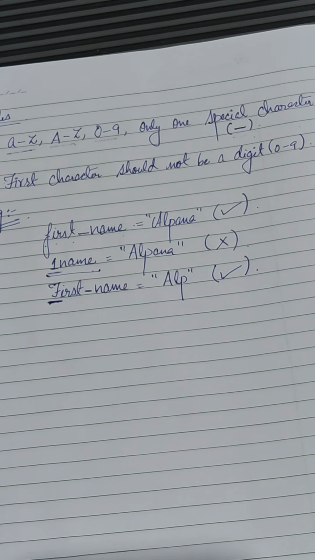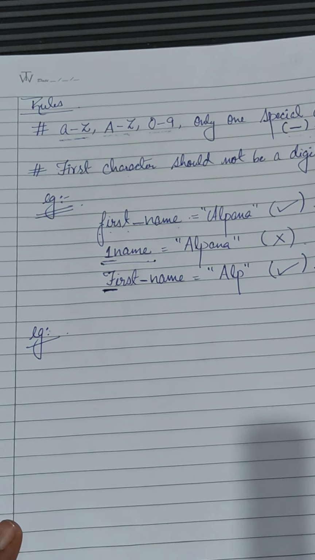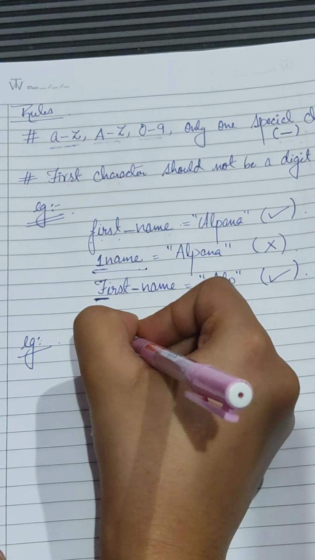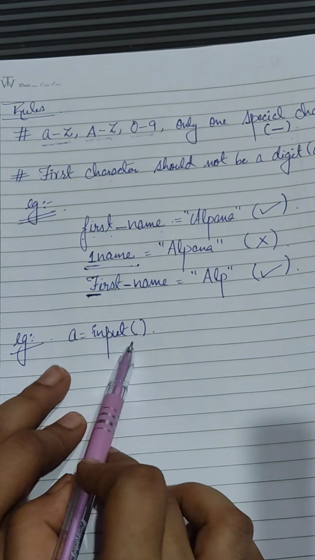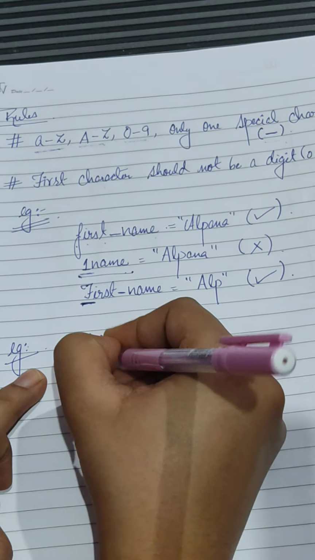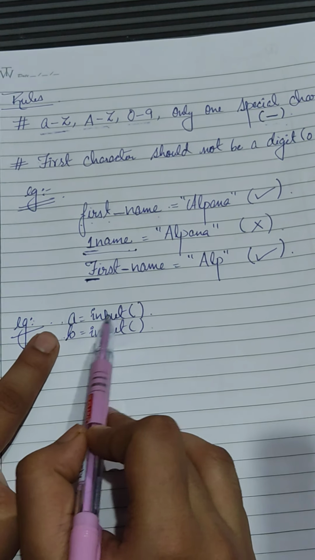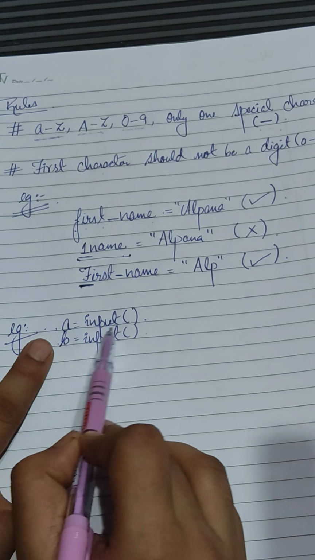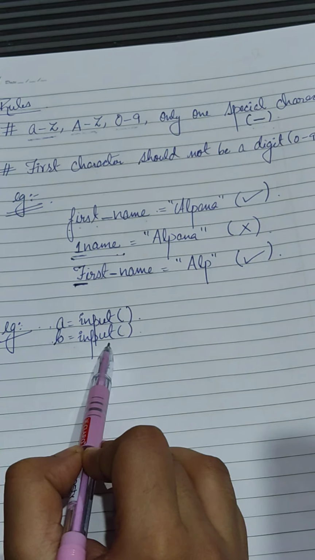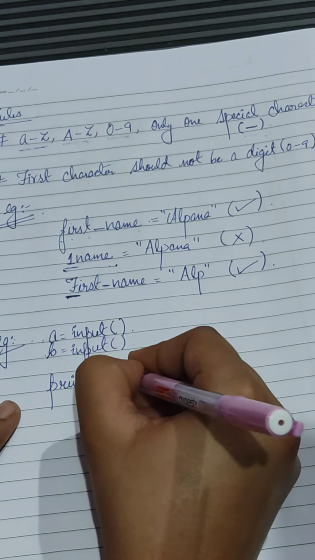So I will give you some examples based on what we have studied today. Like a is equal to input, we are taking one string in the variable a, and then another string variable b. So a and b are variables of the string type, because input takes only a string, and now we are printing a plus b.